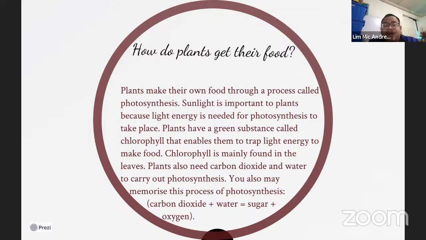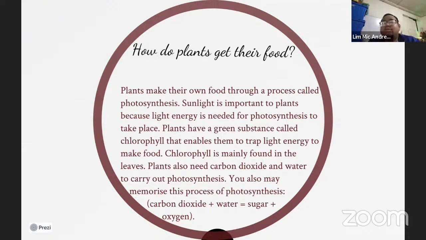Inside all plants, there is a green substance called chlorophyll that enables them to trap light energy to make food. And chlorophyll is mainly found in the leaves. Plants also need carbon dioxide and water to carry out photosynthesis. So the equation that we all know is carbon dioxide plus water equals sugar plus oxygen.